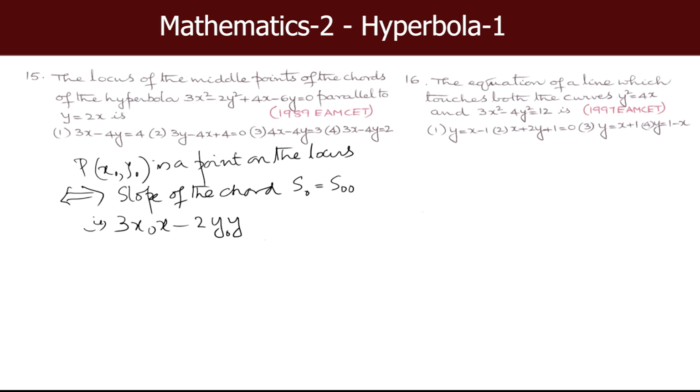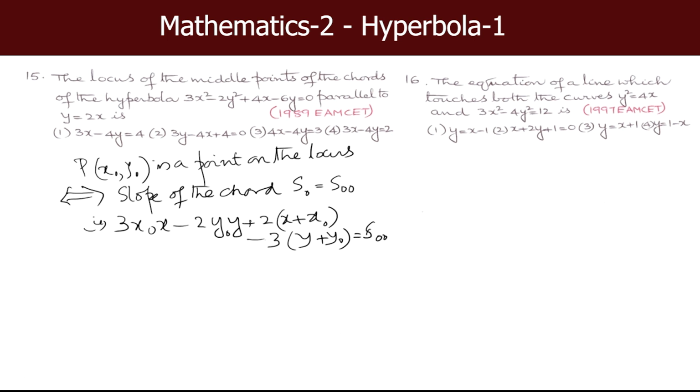Plus 4x, what do we do? Plus 2 into 2x, that is, we write x plus x, and replace one x by x0. Minus 6y, minus 3 into y plus y, that is 6y, and replace one y by y0, equal to 0, equal to S11. We need S11 only because that's a constant.